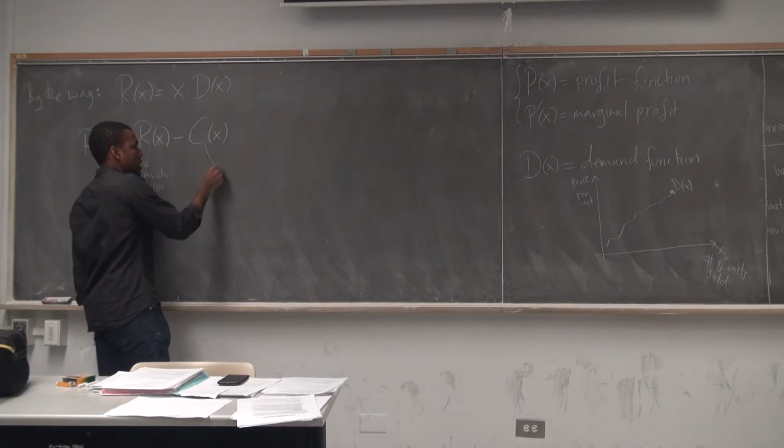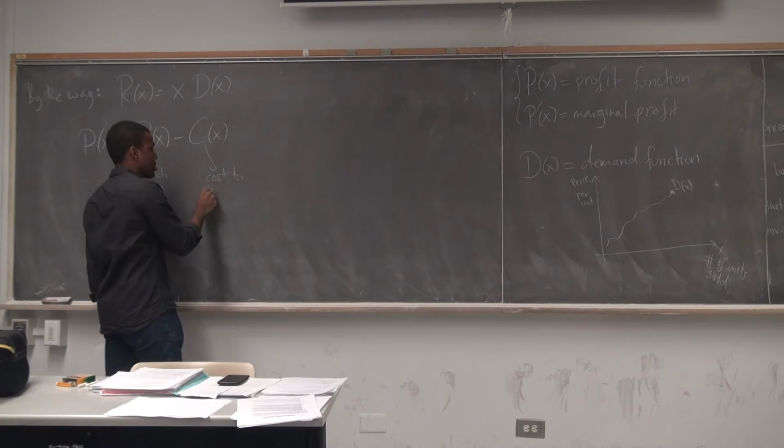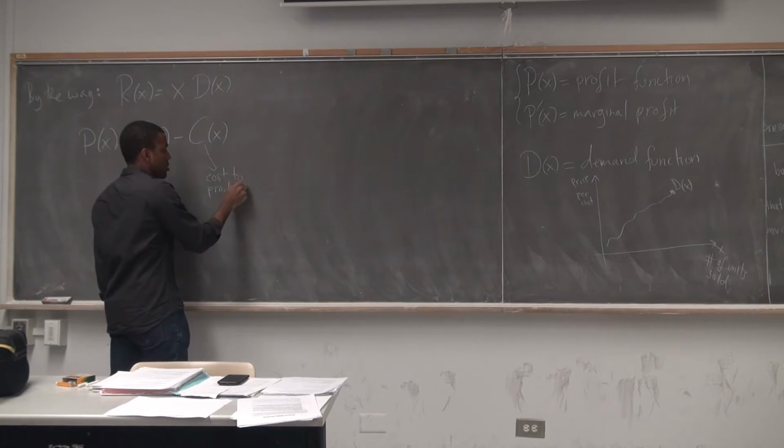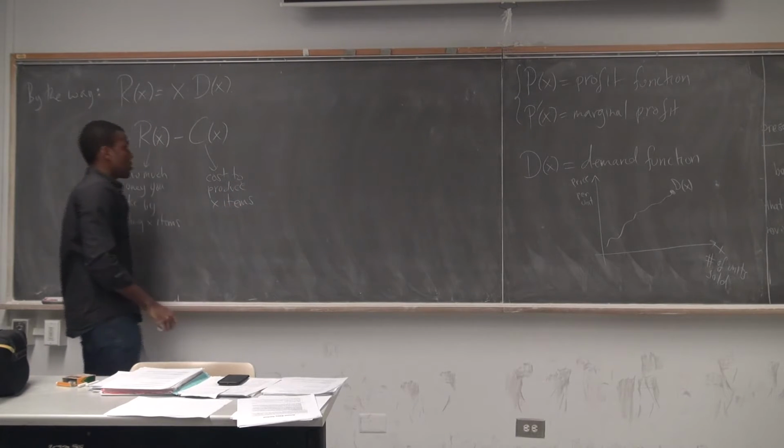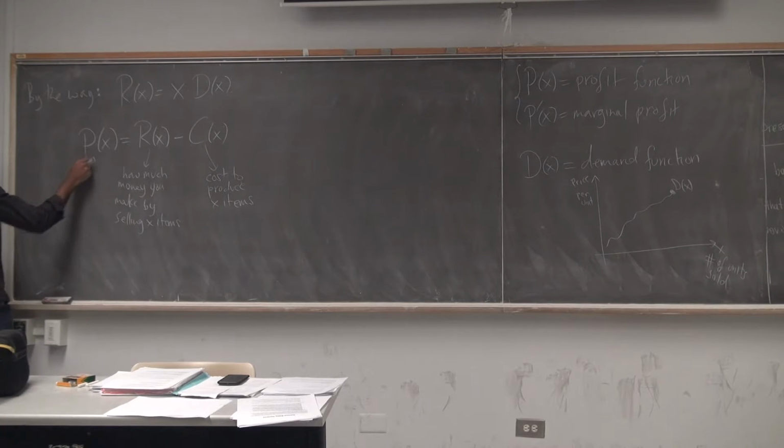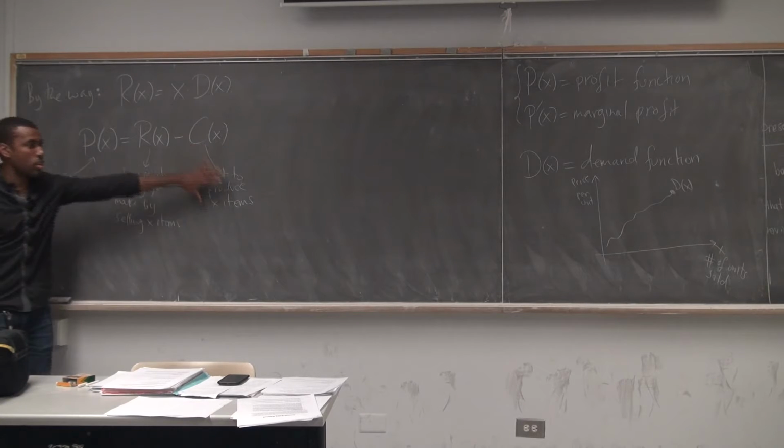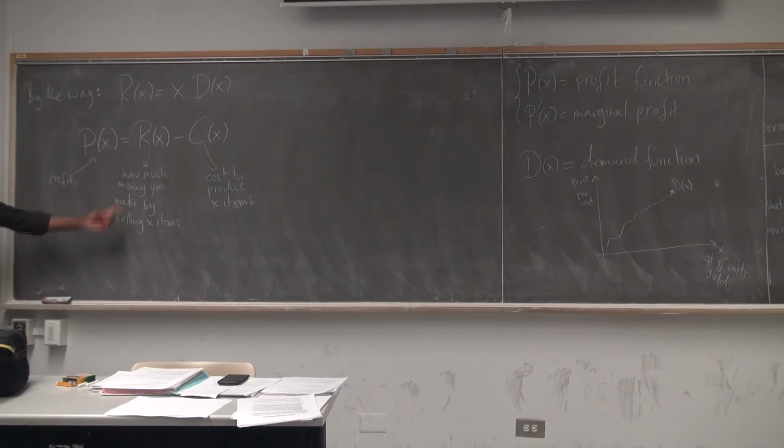Also the cost to make X items. P is your profit. So if I know how much money I'm making and what it's costing me to make those items, I subtract the two, I get the profit.